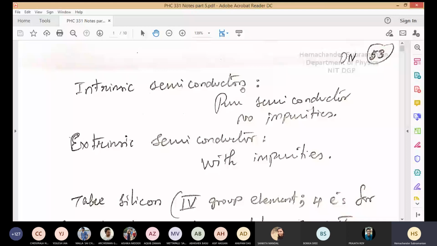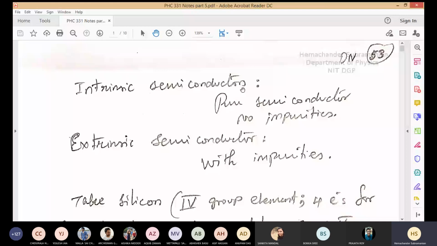When I say group, I mean that actually gives you the number of valence electrons in the atom. So let's say a fifth group element, like phosphorus, has 5 valence electrons. So it can offer one more electron to the semiconductor, a free electron, which is weakly bound to the impurity.